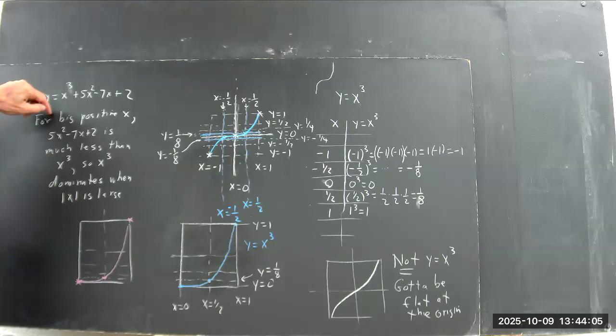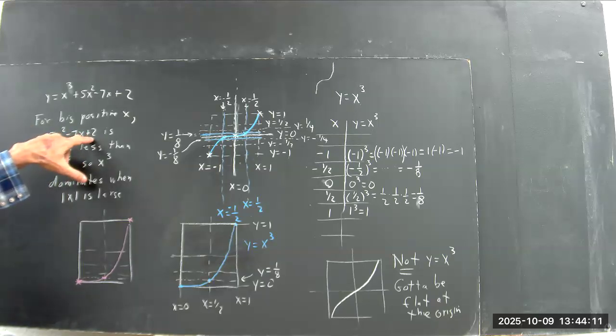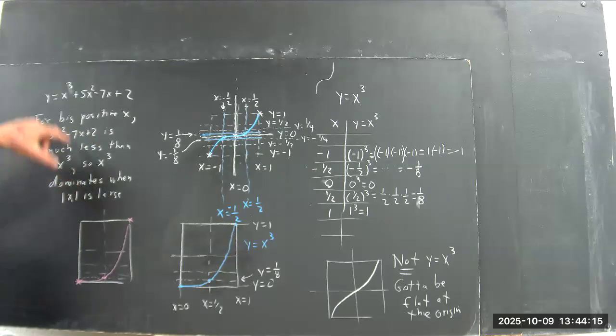And I could have said for big negative x, the value of this is much closer to 0 than the value of this.